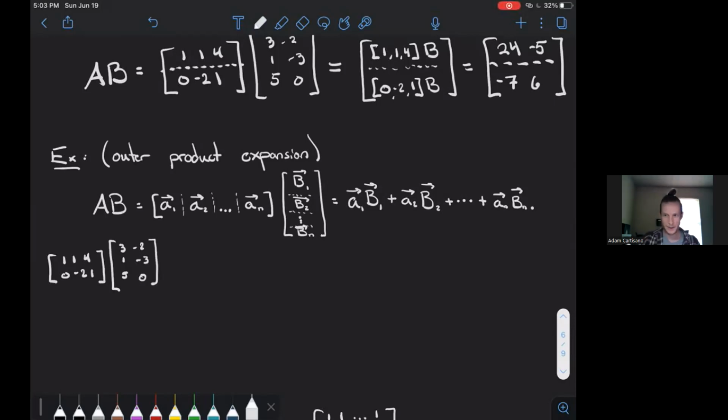Now what we do is partition the columns of A and the rows of B. And so now we have a bunch of column vectors and a bunch of row vectors, and the number of each of these is going to work out just fine.